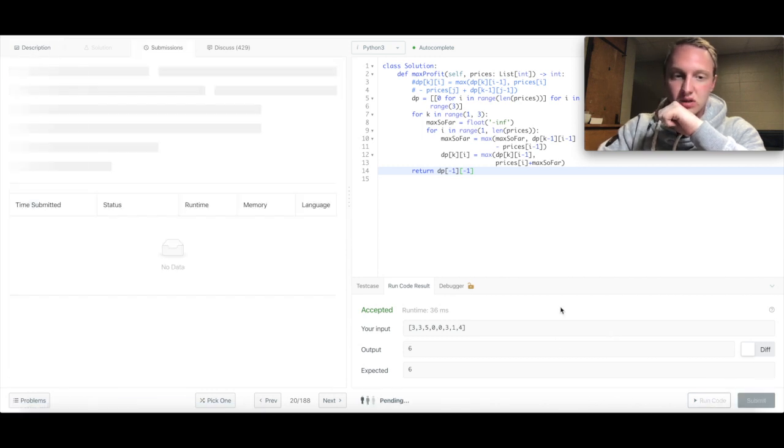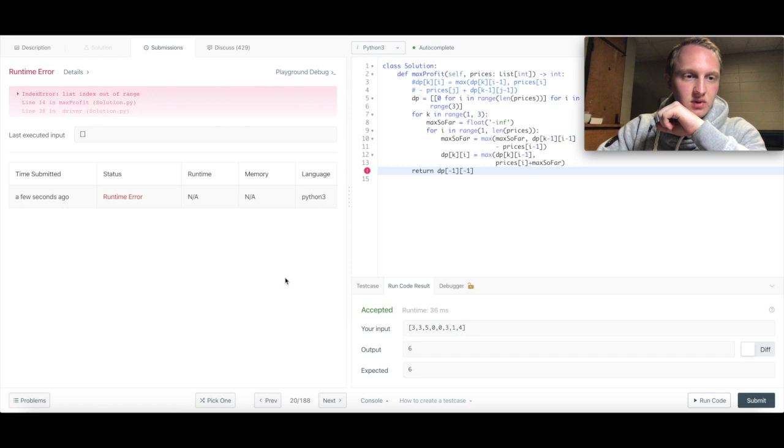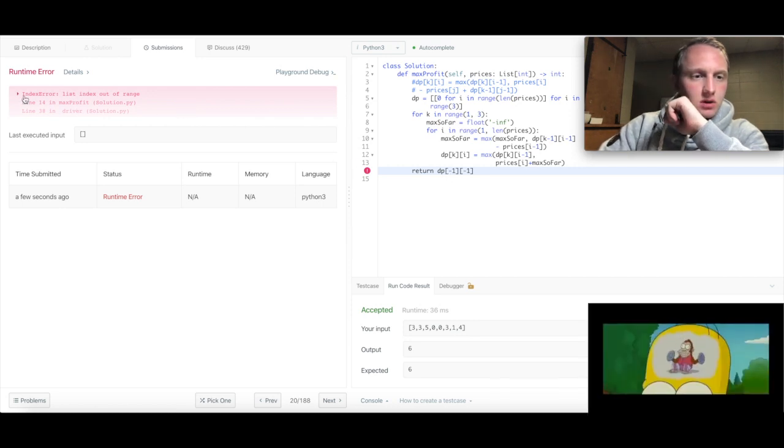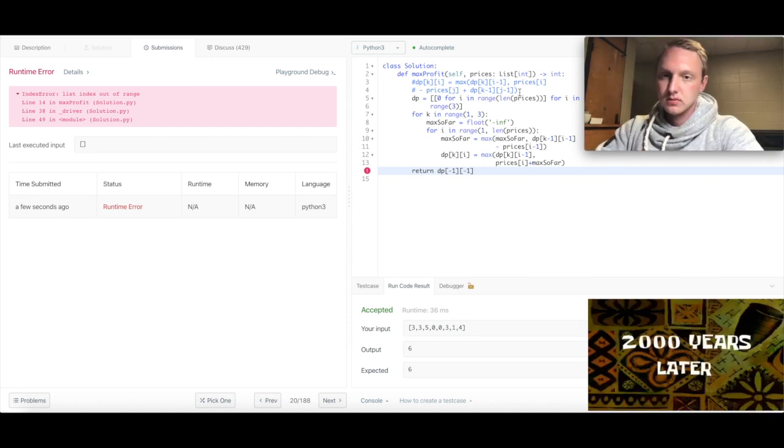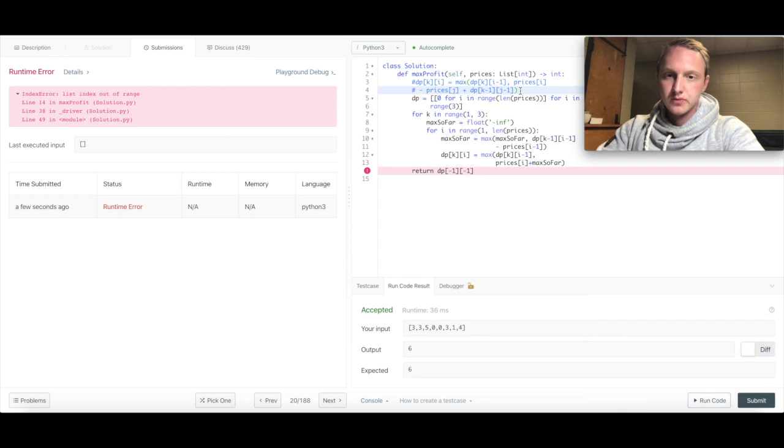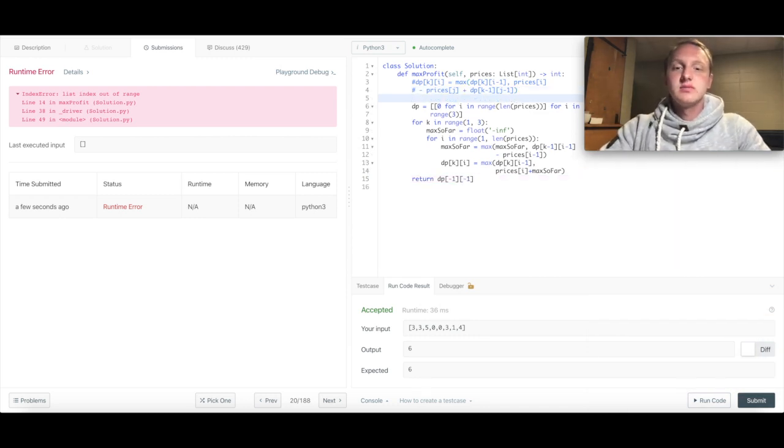Let's actually run the whole code and see if... last index out of range. Okay, yeah, sorry, it was my bad.